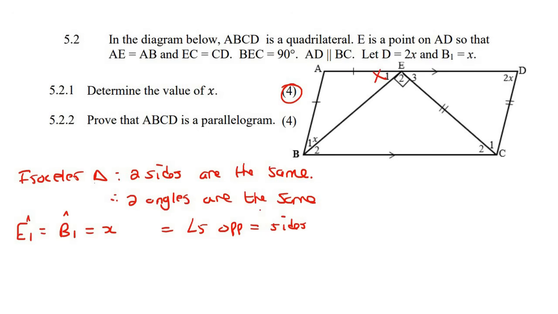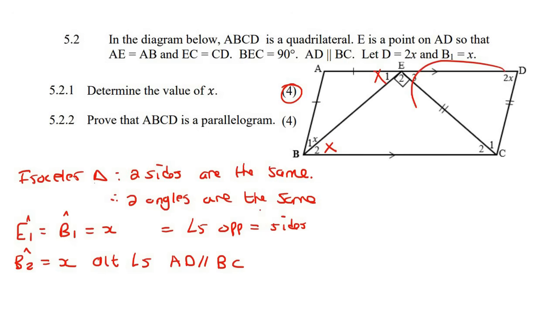So this is now x. Now, we could use parallel lines over here, and we could say that B2 is equal to x. And the reason for that is that we have alternating angles, because AD is parallel to BC. And so that's x.